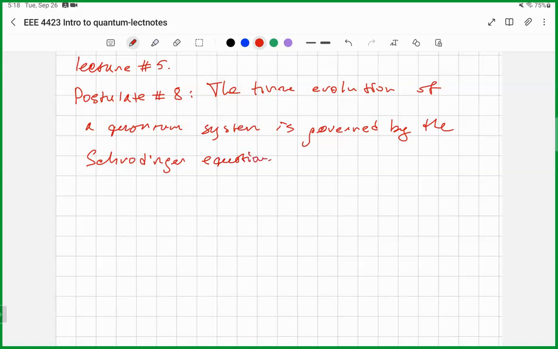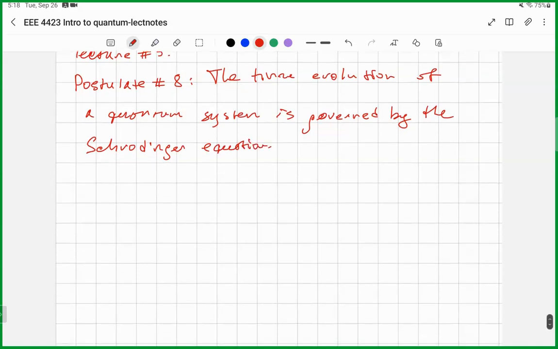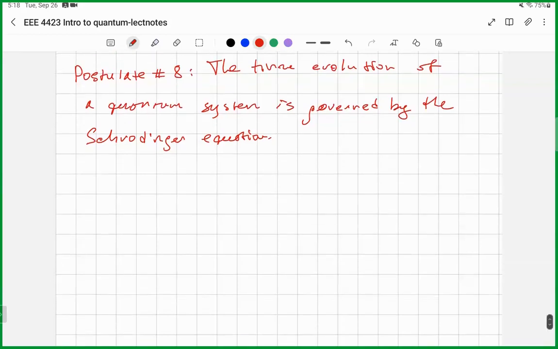Schrodinger postulated his equation from some basic principles, but essentially it was a kind of prediction or postulation.